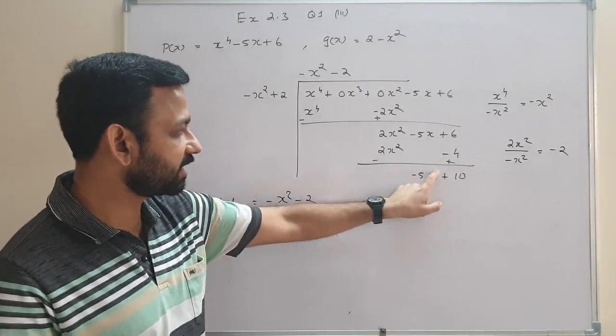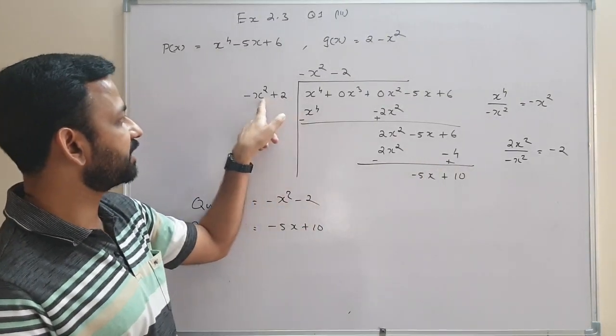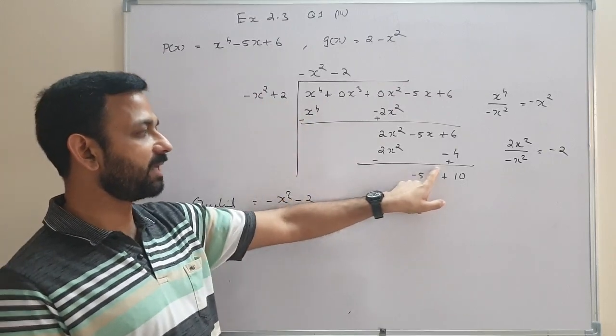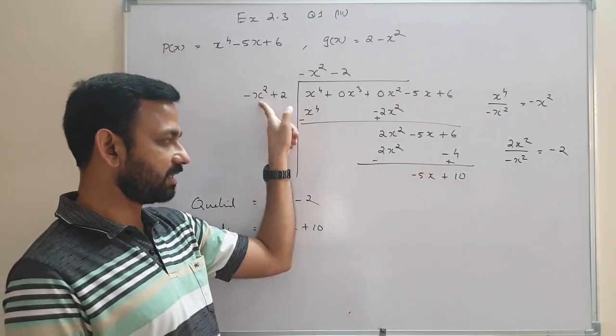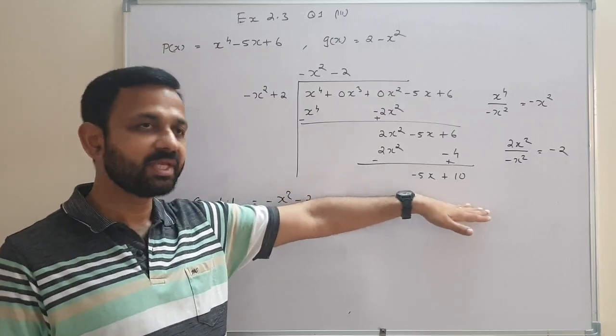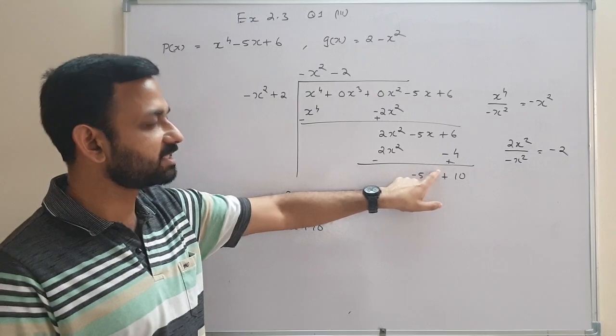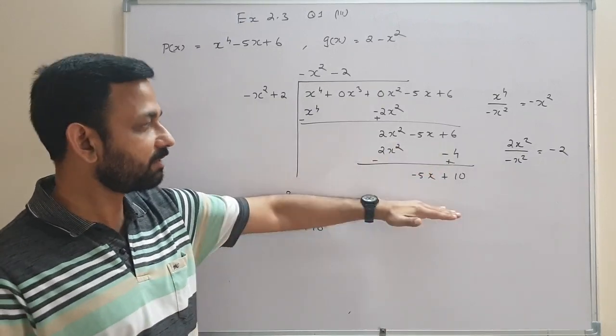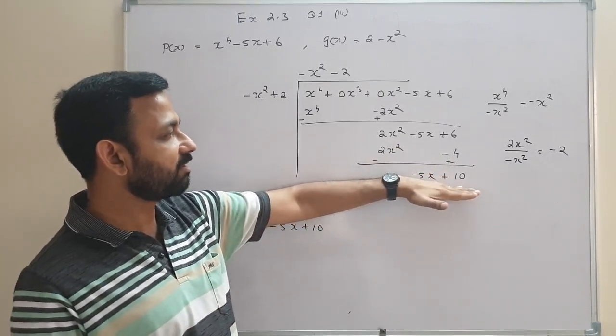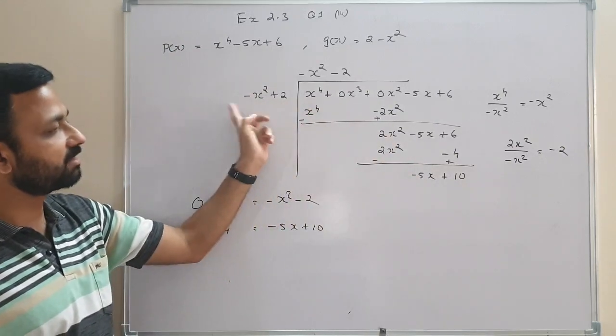Reason: the degree of the remainder is 1, the degree of the divisor is 2. If the degree of the remainder is less than the degree of the divisor, we will stop the division. Otherwise, if their degrees are equal, we have to continue till we get the degree of the remainder less than the degree of the divisor.